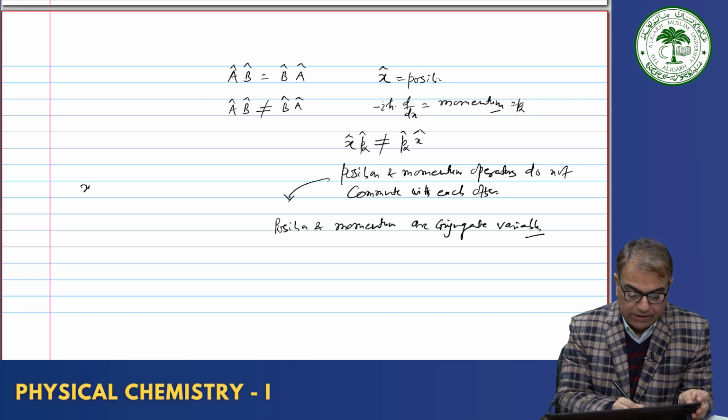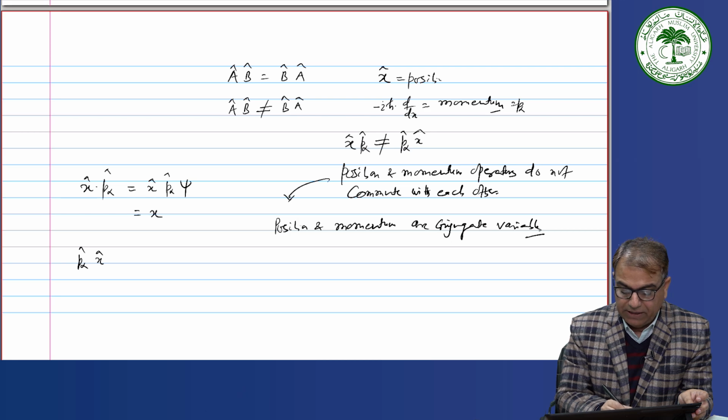You can find this out yourself. Just do x px and find its value, then find px x, and for that you take a function psi. So you have multiplication by x, and px is minus iħ d/dx of psi.